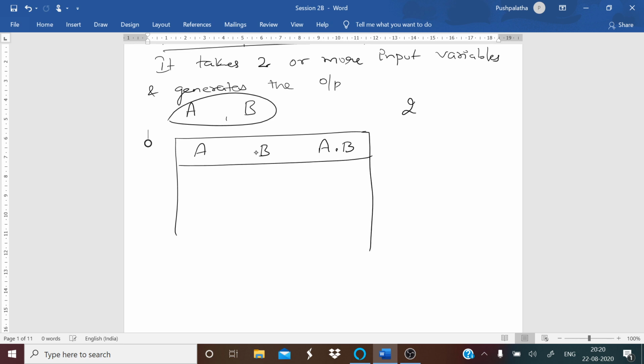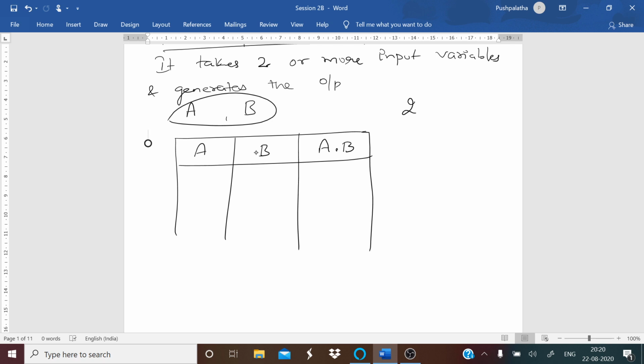You have two variables. What are the possible combinations that you can have in A and B? You have learned that one of the rules is variables can have only one value, either binary 1 or binary 0.